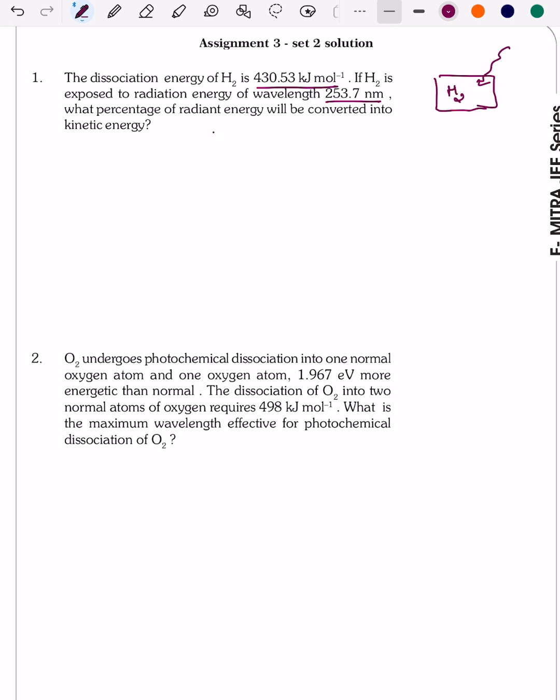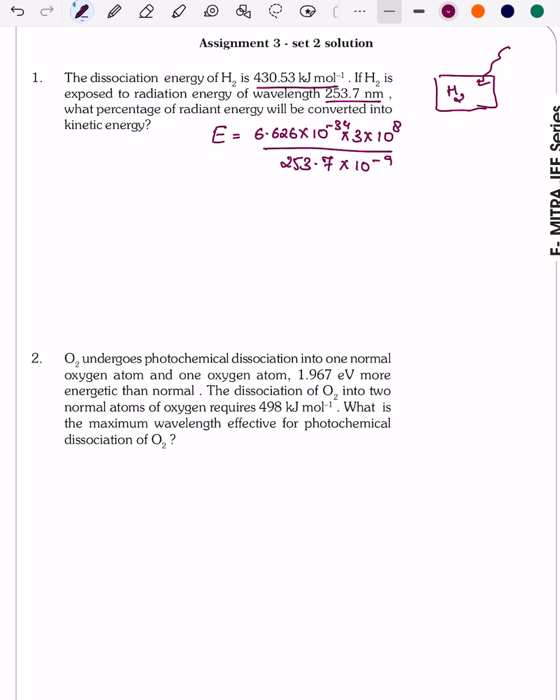So first, let us calculate how much energy it is receiving from those radiations. E equal to hc upon lambda. H is 6.626 into 10 to the power minus 34, into 3 into 10 to the power 8, upon wavelength 253.7 into 10 to the power minus 9.